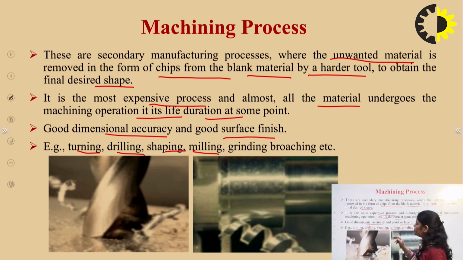And then we can use the milling operation, in which a milling cutter is used to produce the required shape, and then we can use grinding or broaching also. In grinding we use a grinding wheel, and in broaching we use broaching tools. So, these are the different machining processes.